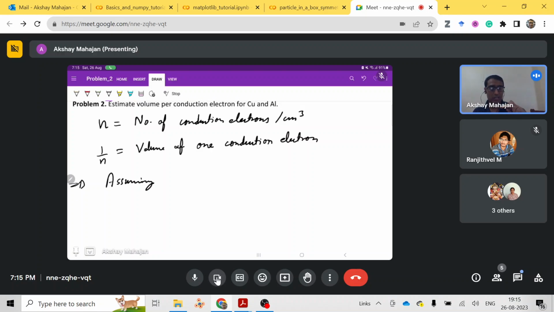If we consider that electrons make a volume of a sphere, we can calculate the radius of that sphere.